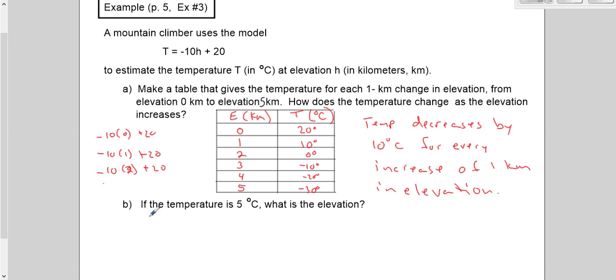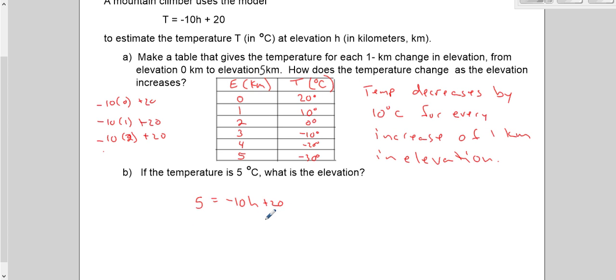Part B says if the temperature is 5 degrees Celsius, what is the elevation? I don't have 5 degrees temperature. I do have 0 and 10, and obviously 5 is in the middle, so I'm probably going to get 1.5. So let's check. I plug in 5 for T, so 5 equals negative 10 H plus 20, and I'm going to solve this for H. So subtract the 20.